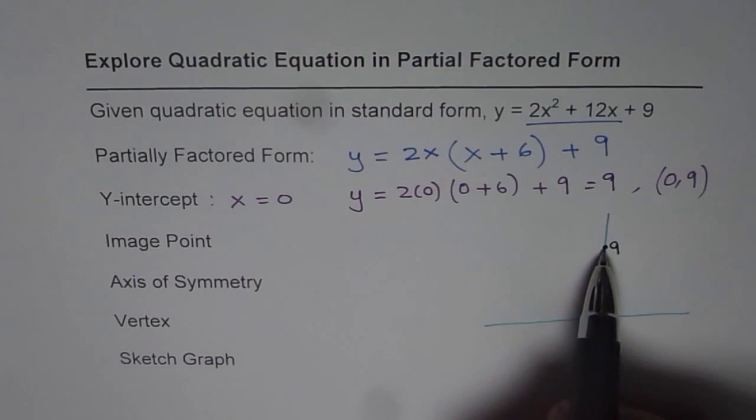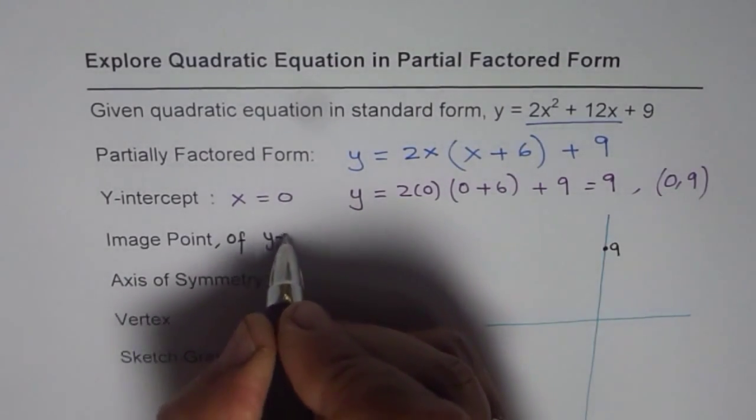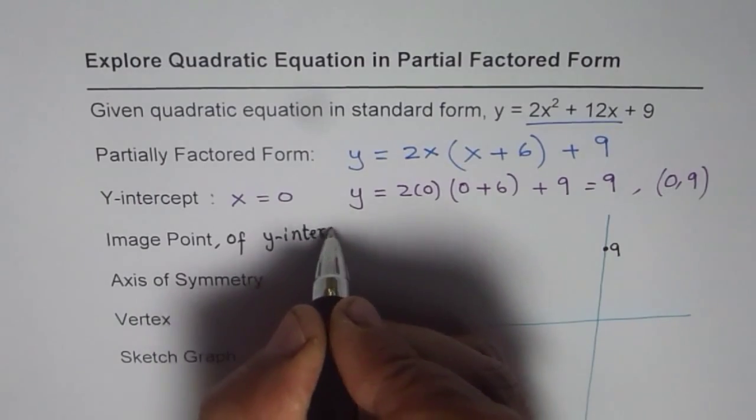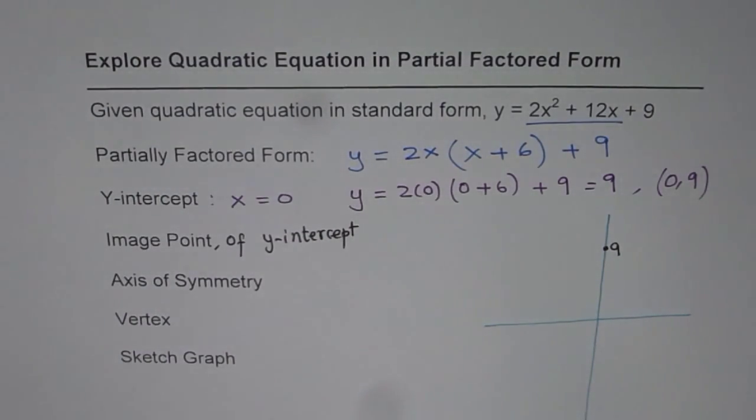Now we want to find the image point that is on the graph. Where is the image of this y-intercept? Let me make it very clear. This is what we are looking for on the graph of the quadratic function.